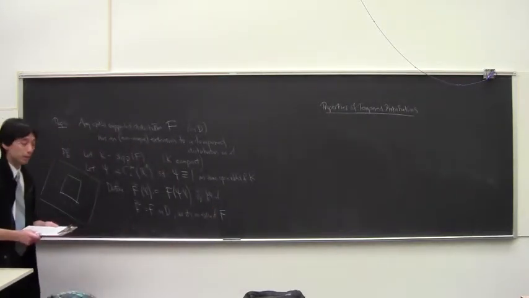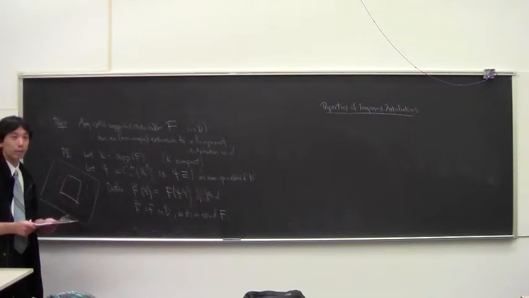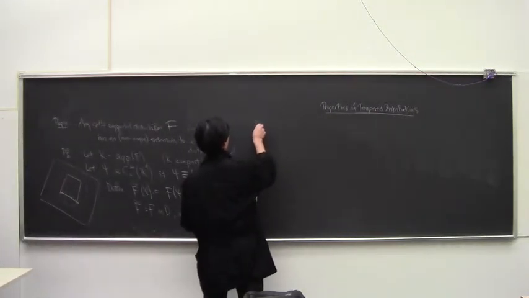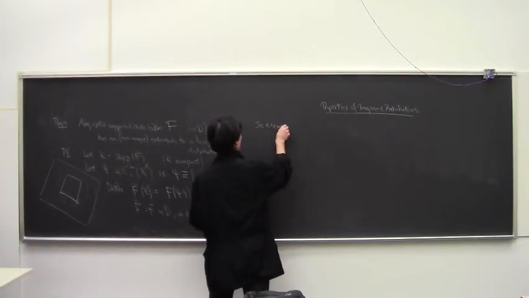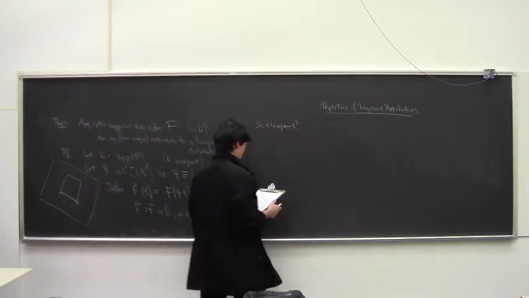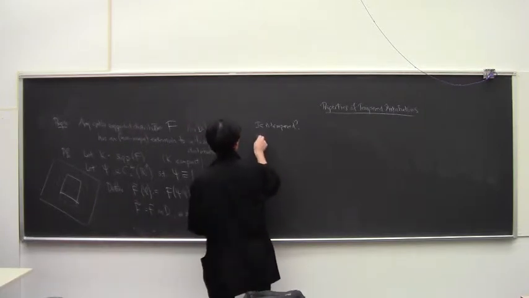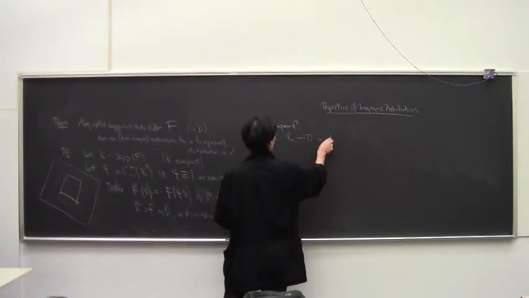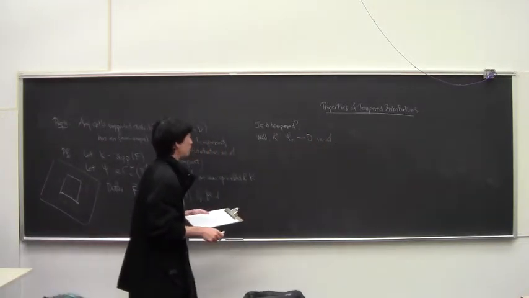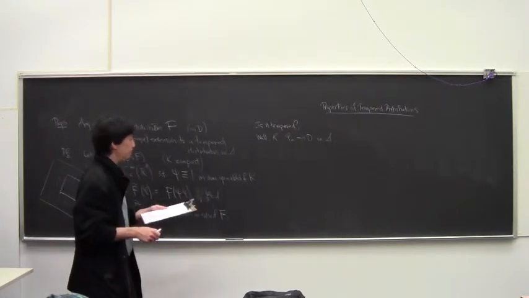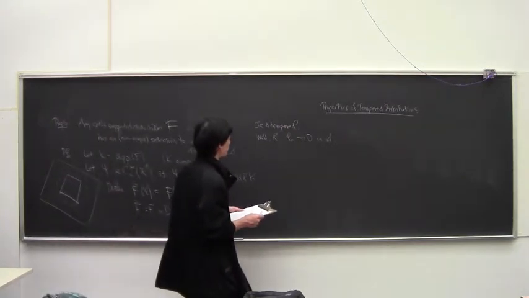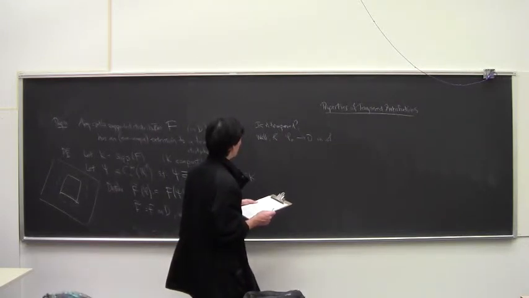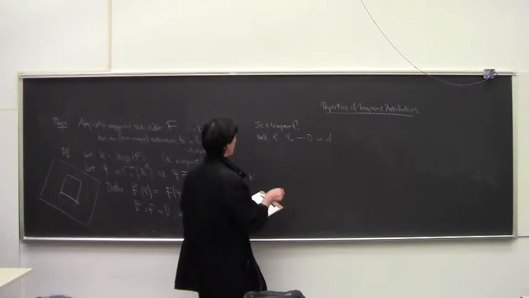The only thing that you have to check is that this thing that we created is a tempered distribution. Is it tempered? Well, if phi sub n goes to 0 in S, what does that imply?